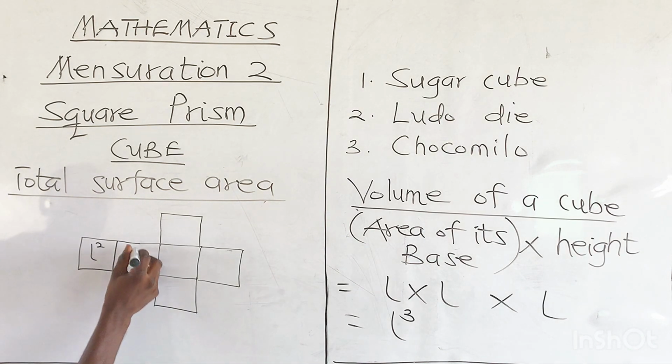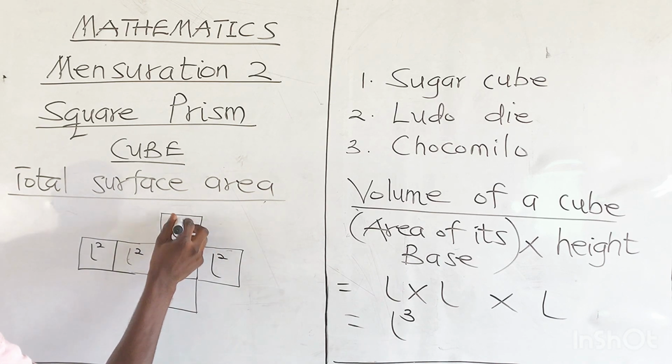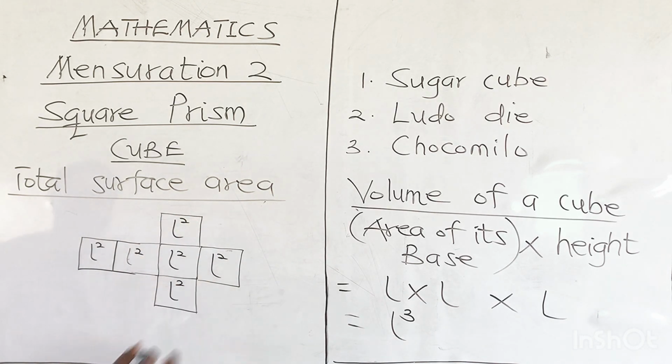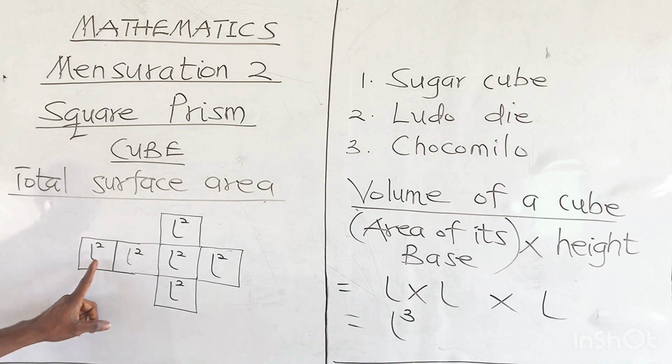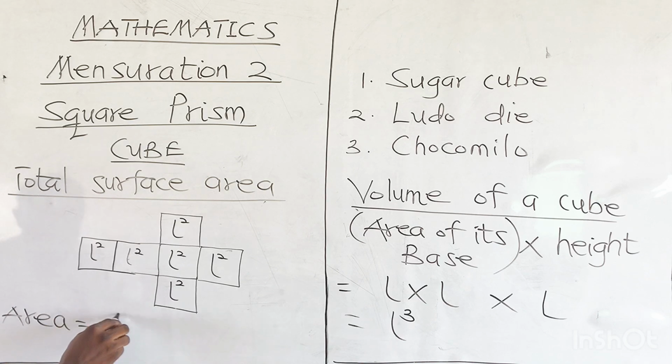So this one has L squared, L squared, L squared, L squared, L squared. So now my question is, how many L squareds do we have? We have 1, 2, 3, 4, 5, 6. In that case, the area is going to be 6L squared. And that is the total surface area of a cube.